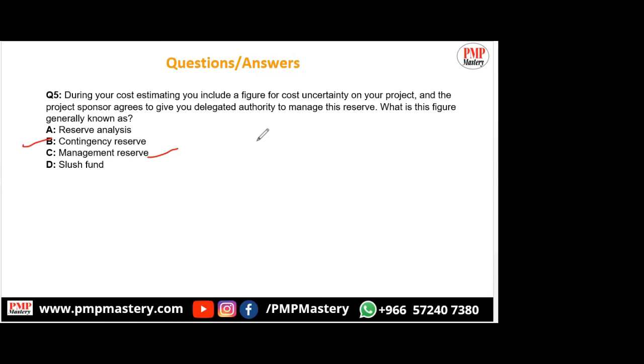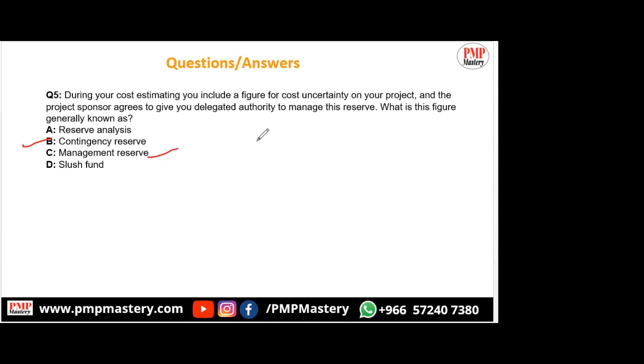Because the sponsor agrees to give you delegated authority to manage this reserve for uncertainty on your project. This uncertainty is a known unknown thing. So you wanted to delegate that.